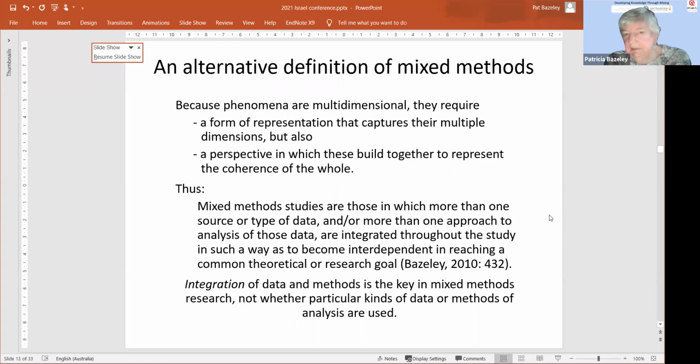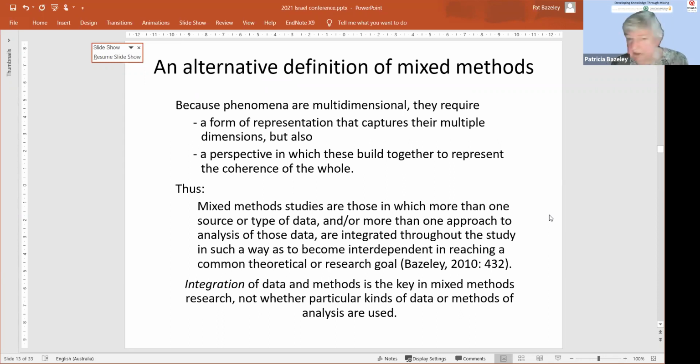So I propose an alternative definition of mixed methods. Remember the ones that I mentioned before emphasize that you're combining a qual and a quant method. My alternative definition suggests that you need to be able to capture the multiple dimensions and build them together to represent the coherence of the whole.